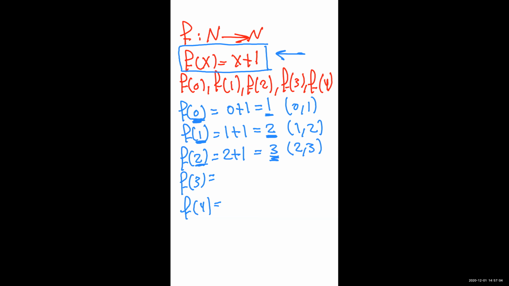Now f of 3 will equal 3 plus 1, so it will equal 4. So the ordered pair is (3, 4). The next one, f of 4, will equal 4 plus 1, so it will equal 5. So the ordered pair is (4, 5).